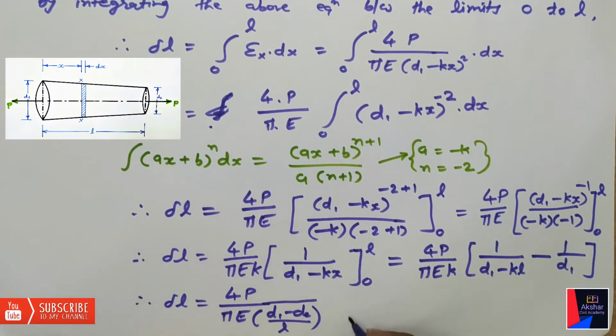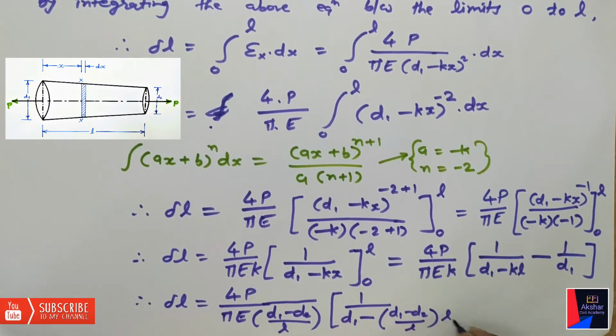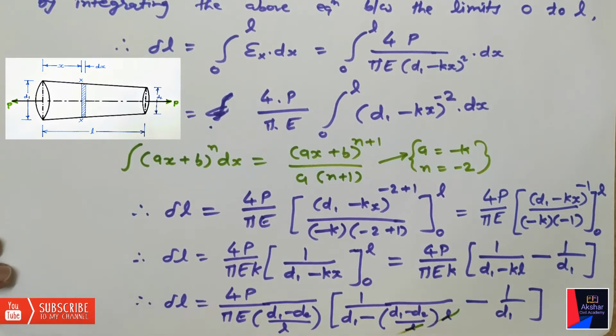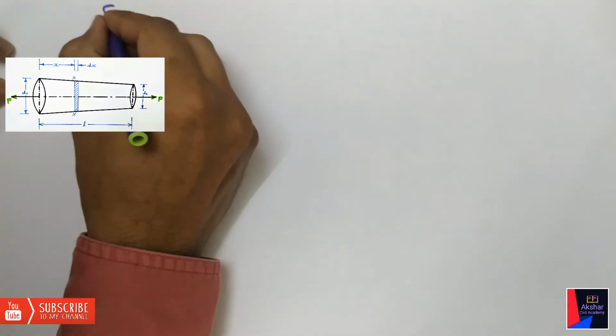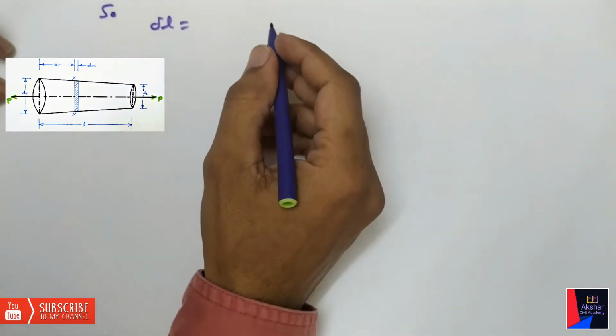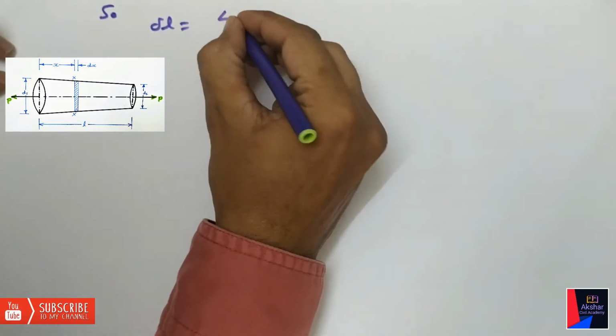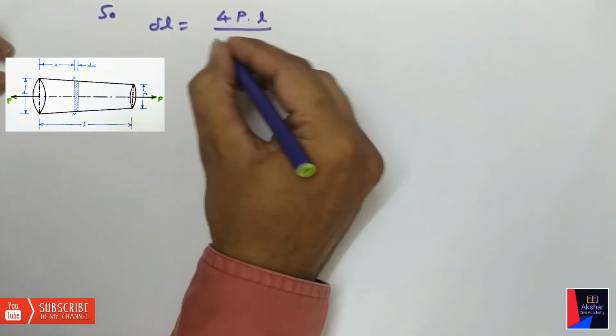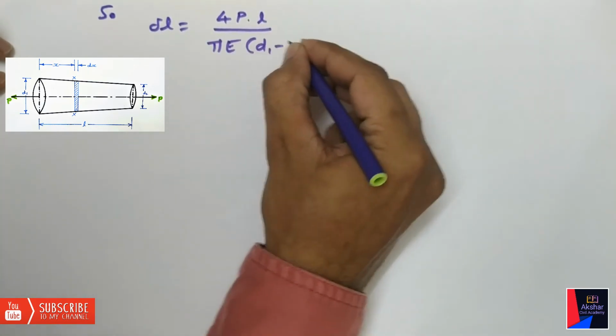So in bracket, 1 upon d1 minus k, which is (d1 − d2) upon L multiplied by L, and minus 1 upon d1. Here L will be cancelled. So del L will be equal to 4P into L divided by pi E into (d1 − d2).